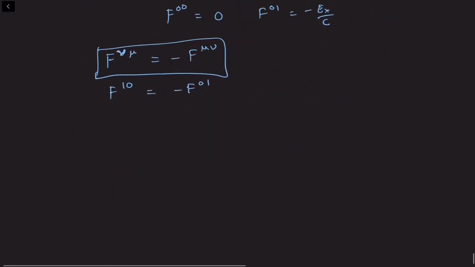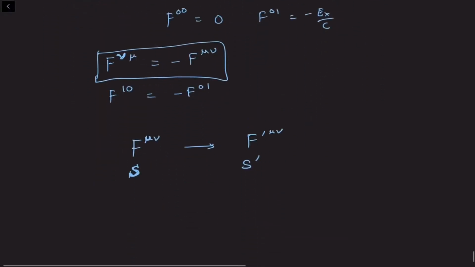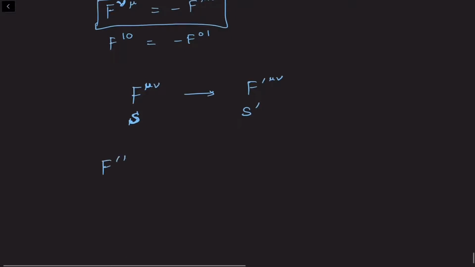That is, we're assuming that the electromagnetic field F mu nu, or the field strength tensor, transforms like a tensor, which means that if I know the field strength tensor in one reference frame S, and I want to know what the field strength tensor is in a different reference frame S prime, then, assuming I know the Lorentz transformation matrix, I would calculate F prime mu nu equals lambda mu rho, lambda nu sigma, F rho sigma.